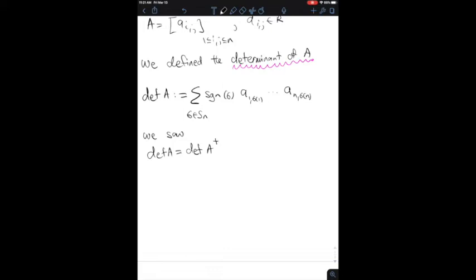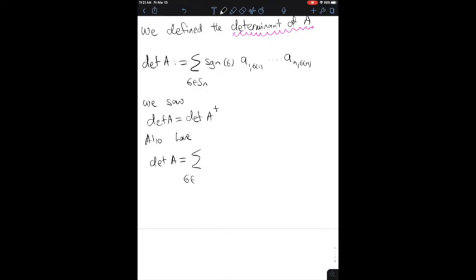So we also have the formula that det A equals the sum over all permutations of the sign of the permutation times A sigma 1, 1 up to A sigma n, n. And sometimes one version of the formula is more useful than the other version.